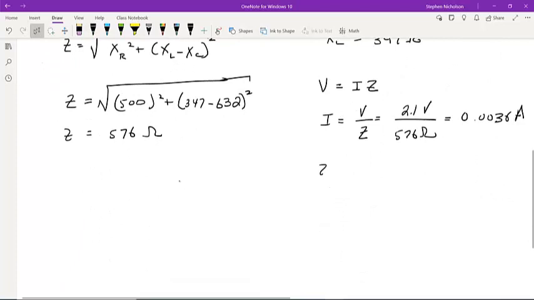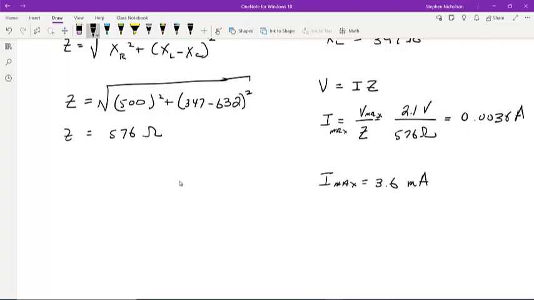We'll rewrite that as milliamps: you multiply by 1,000, so the maximum current is 3.6 milliamps.